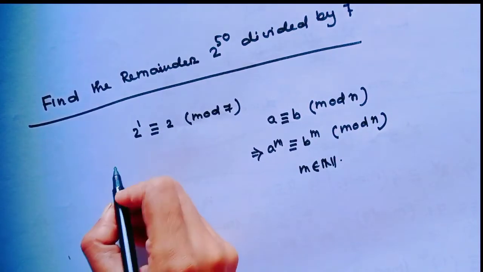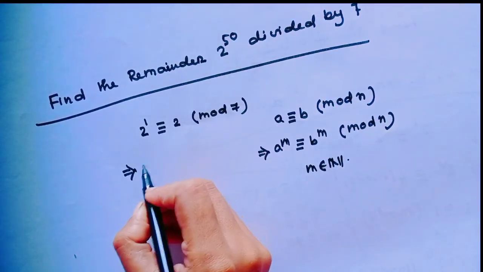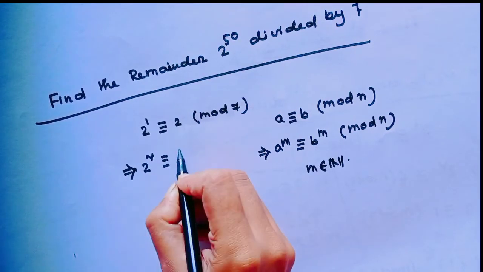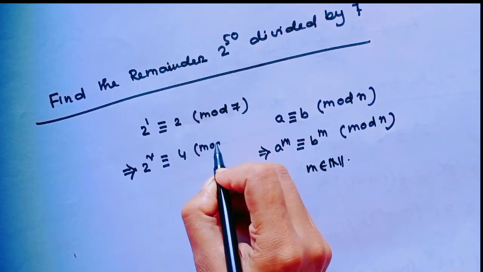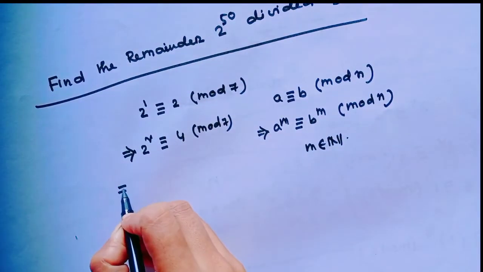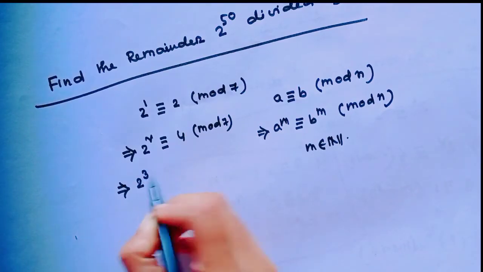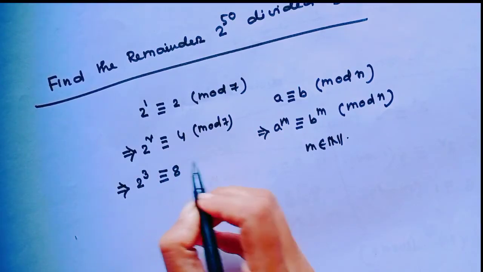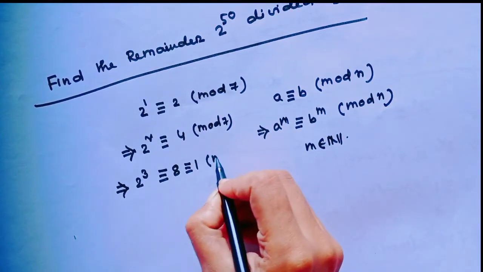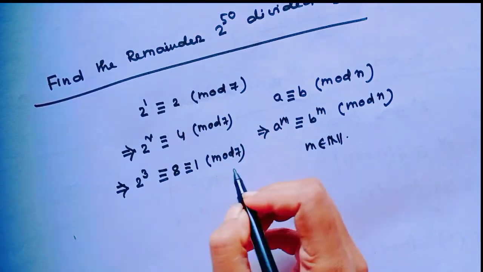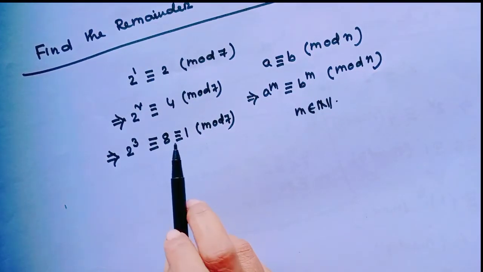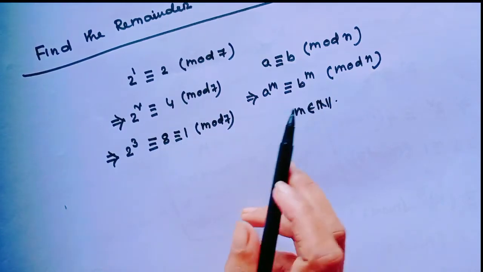From this property, we can write 2 squared is congruent to 4 modulo 7. Similarly, 2 cubed is congruent to 8, which is also congruent to 1 modulo 7, because 8 minus 1 equals 7 and 7 divides 7.